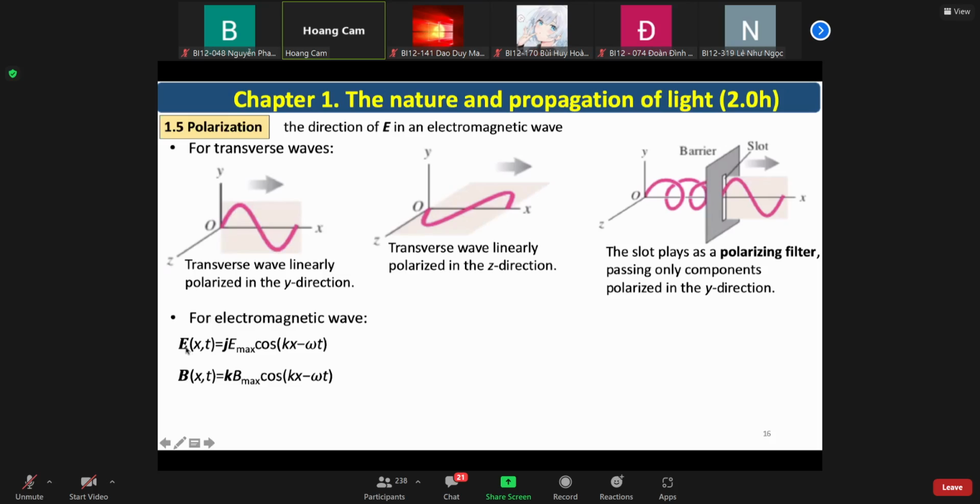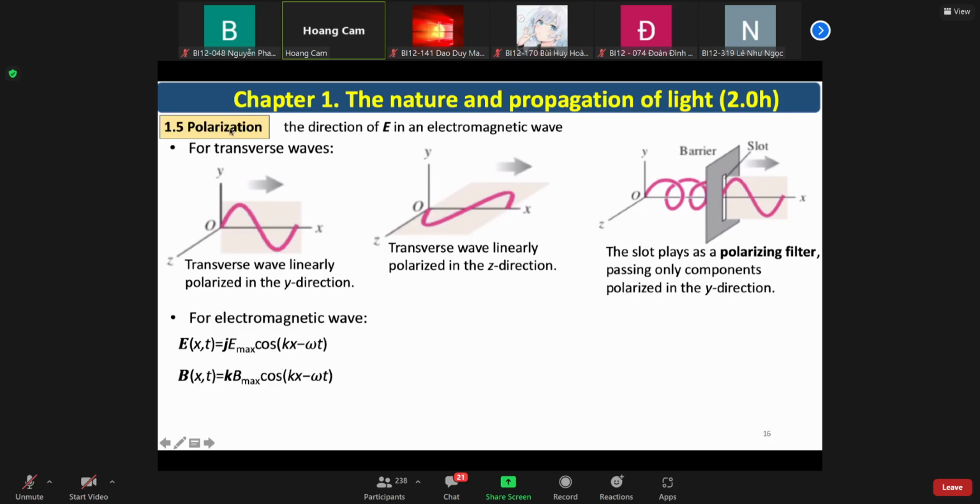So if you look at E, the electric field in this manner, that means E oscillates along the y-axis, and B oscillates along the z-axis, because of the directions j and k. And it will propagate along the x-axis, but the oscillation of E is along the y direction and B is along the z direction.